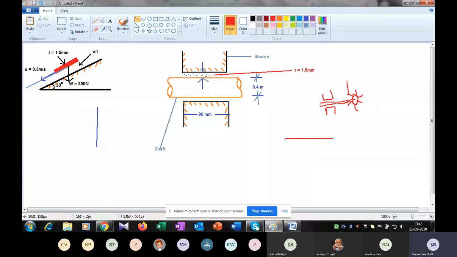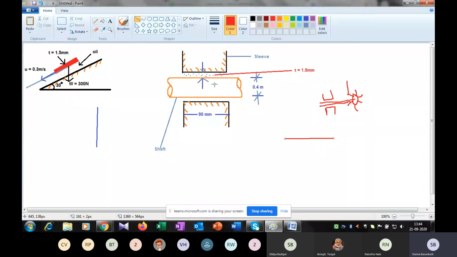This shaft will be rotating in the circular direction. To make it move freely, it is filled with lubricating oil. Now you need to identify what is the torque generated and what is the shear stress. So this is an example of a hydroelectric power plant.